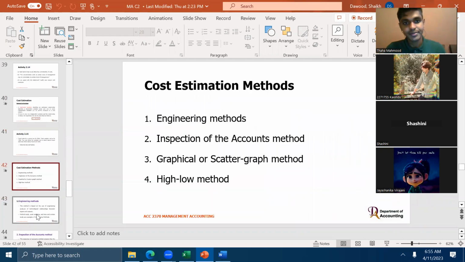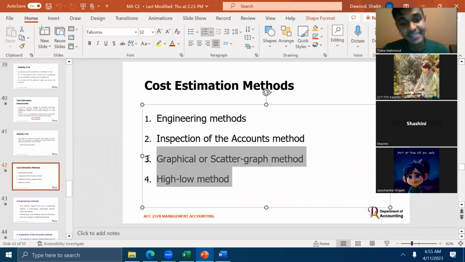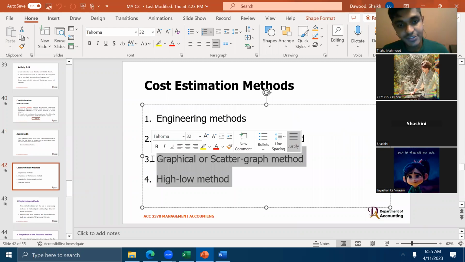Here we have the cost estimation methods. First one is the engineering method, then the inspection of accounts method, graphical or scatter graph method, and the high-low method. These two would be the areas which we would be focusing on mainly.